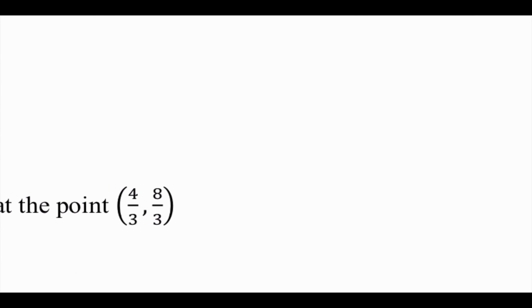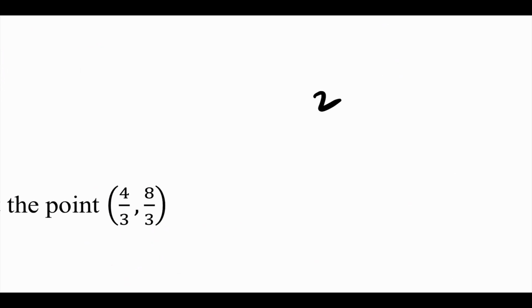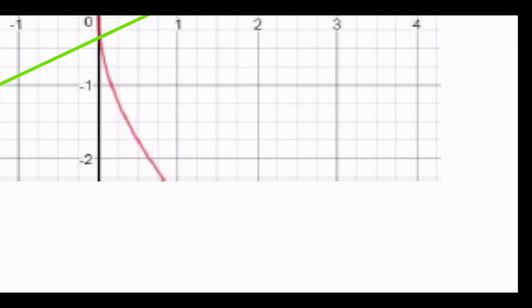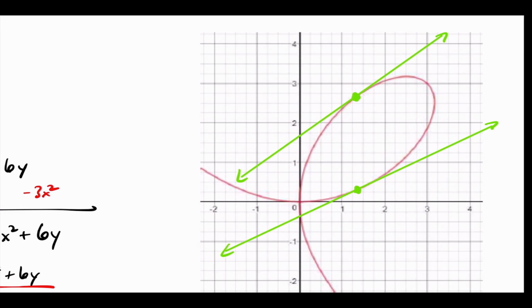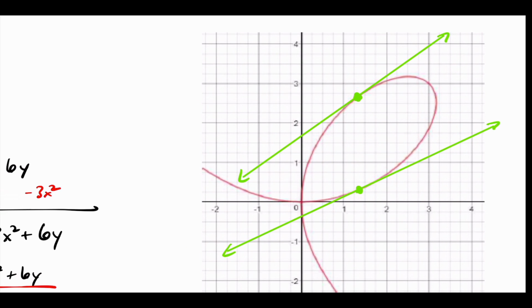What if I had a slope of 2? What's the opposite reciprocal of 2? Negative 1/2. Good. Those green lines there are tangent lines, right?